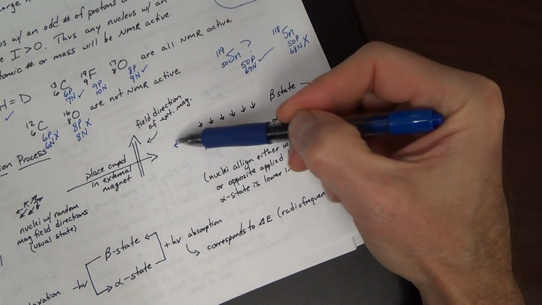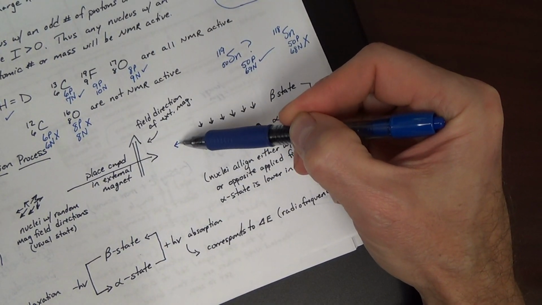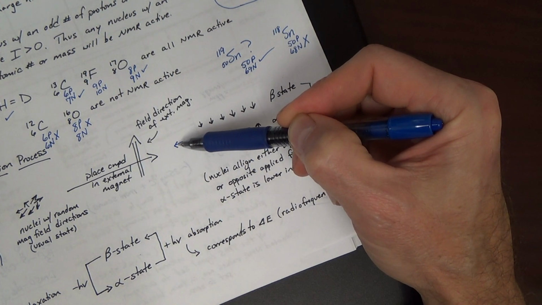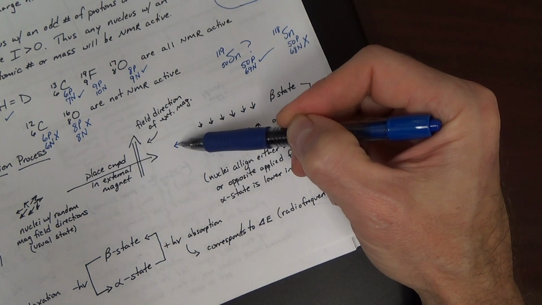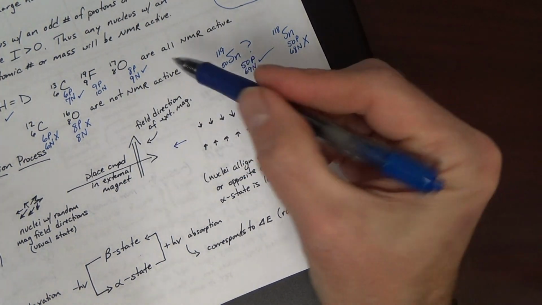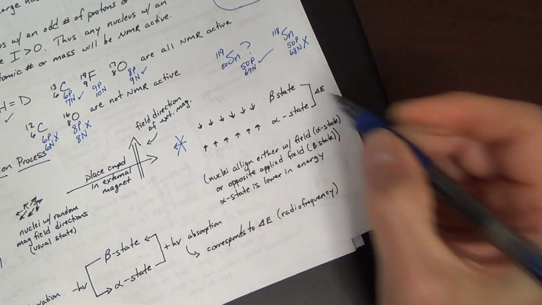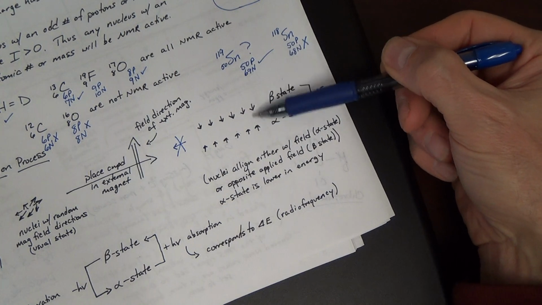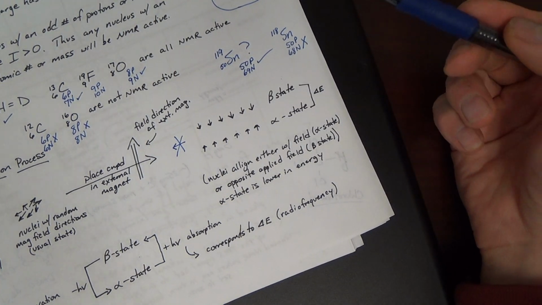because this type of positioning would experience a torque, and it would be turned to become parallel to the field. So this is actually what's higher in energy. These two are actually almost equal in population.